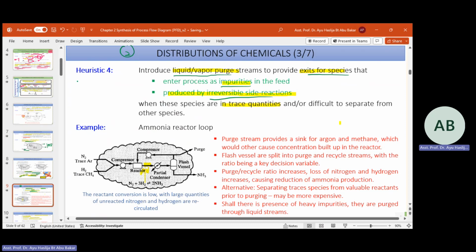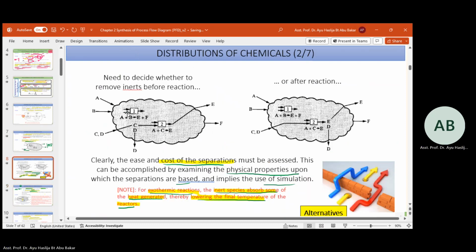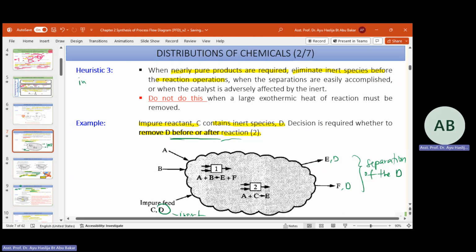Heuristic 4 talks about purge streams. Heuristic 3 just now talked about the inert.